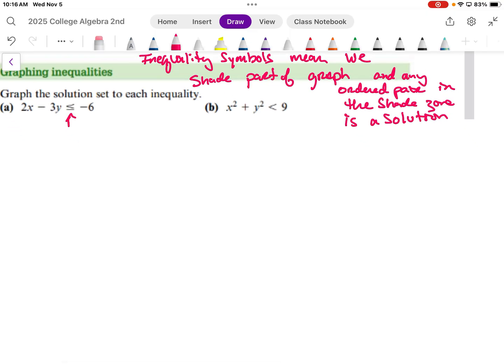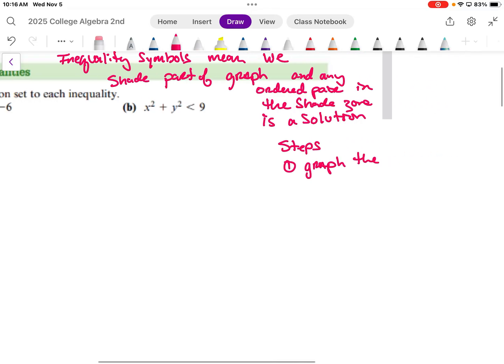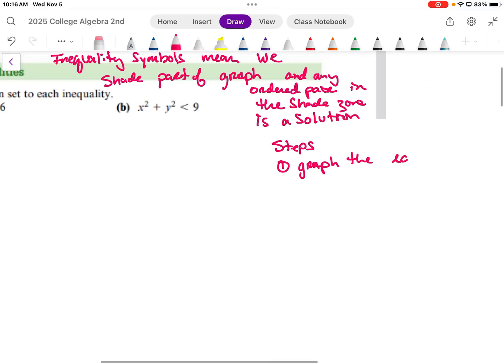Here's what I'm going to suggest that we do for steps. First thing we need to do is graph the equation. However you want to graph, whether you use x and y intercepts or slope-intercept form, whatever you want to do, we have to graph the equation in our first step.